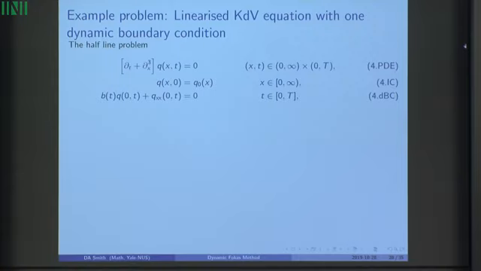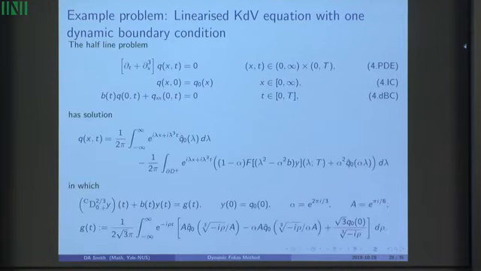Linearized KdV, so this is now a third order in space equation, slightly different dynamic boundary condition. Here's the solution. Now, note here, we've only got one boundary condition, and when we take our Ehrenpreis form, we're going to have 3 boundary terms, from that integration by parts when we're trying to diagonalize the differential operator.